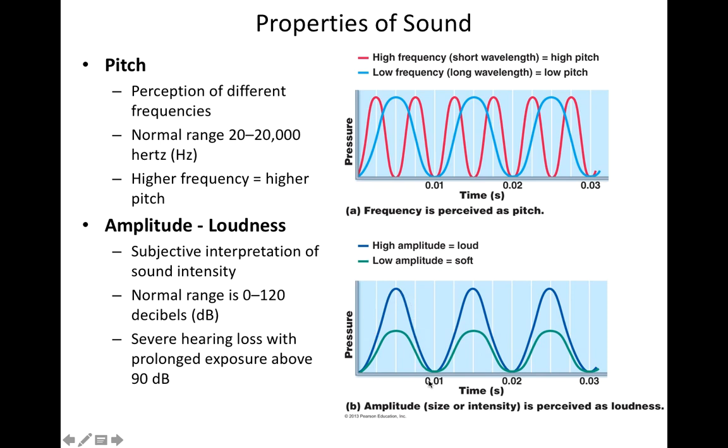That's a direct correlation to how much energy is in the sound. Somebody whispering next to you, there's not that much energy in that sound. Somebody taking a bullhorn and screaming into your ear, that is much more energy in that sound. So that would have a much higher amplitude of the wave.